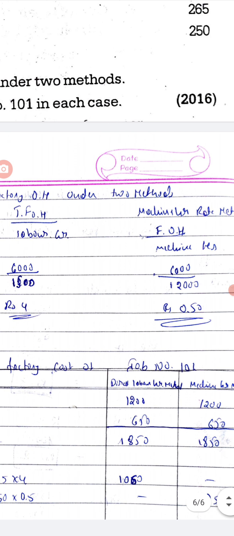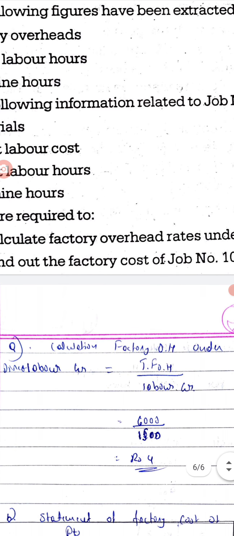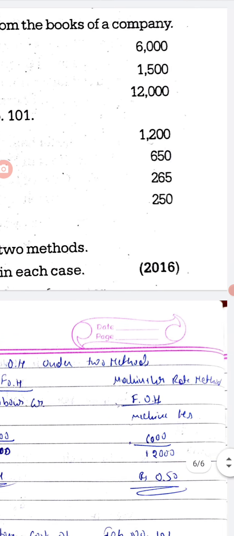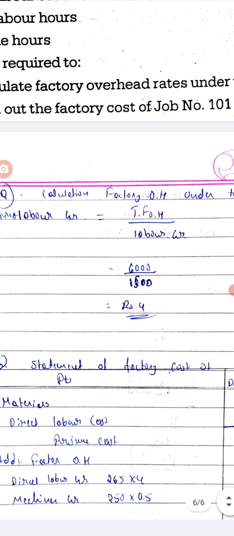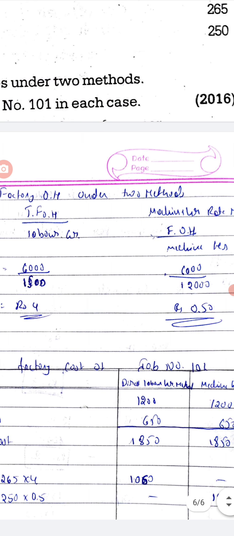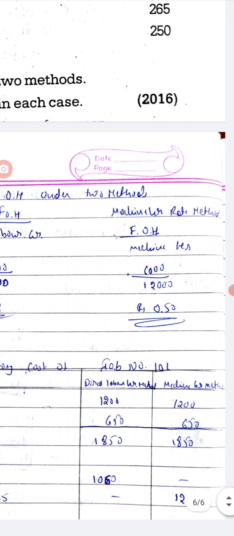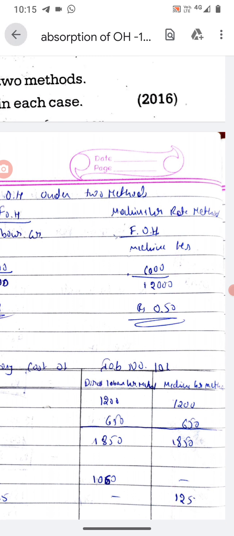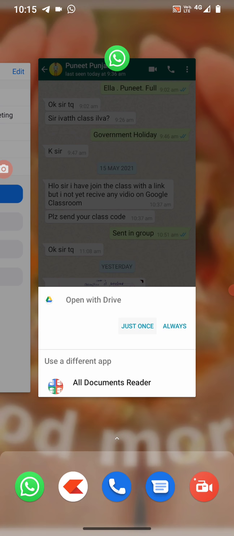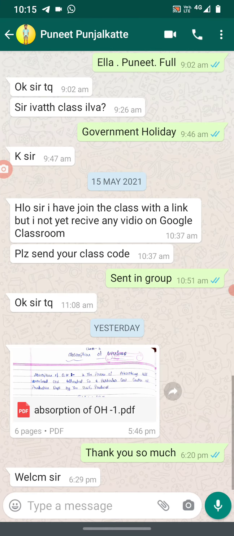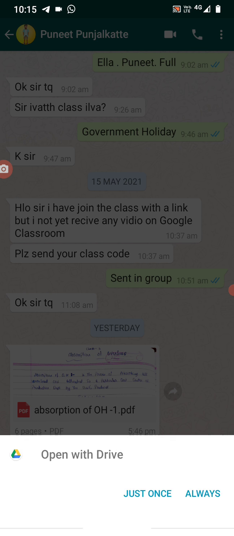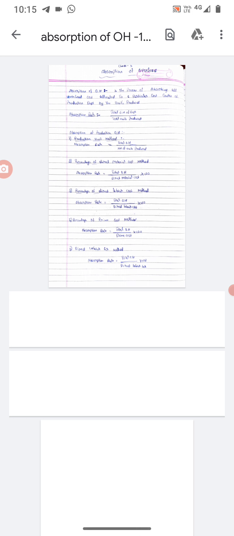You have to write it in direct labor method. And then for machine hours, you have 0.50, and they have given the machine hours as 250. So 250 into this you have to write. So this is how you get 1200, and you will get the total of it. Okay, so this is how you have to solve the problem of absorption of overheads.